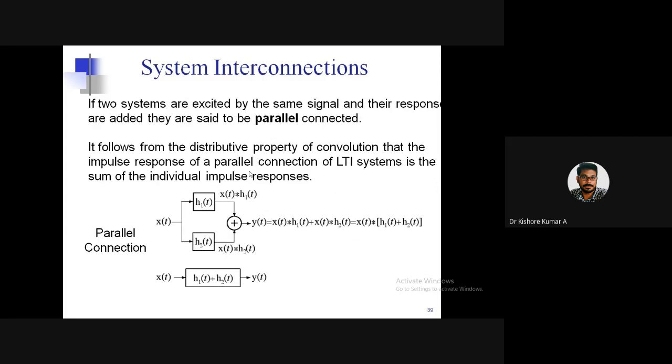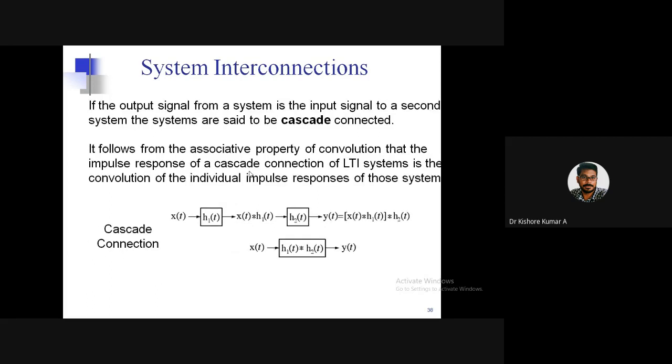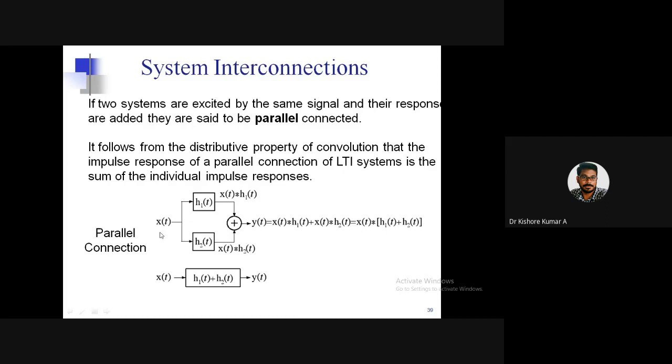And parallel connections: if two systems are excited by the same signal and the corresponding responses are added, then they are said to be parallel connected. See here, in the previous case the two systems connected in series form a cascade connection, whereas in this case, two systems, say h1 of t and h2 of t, are excited by the same signal x of t, and the corresponding responses are added with the help of a sum.